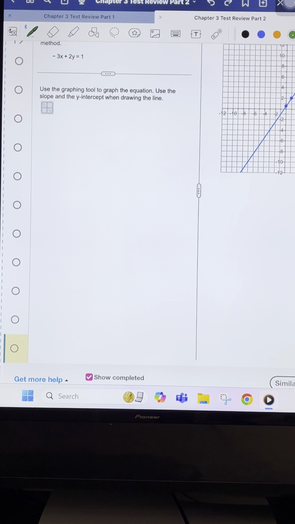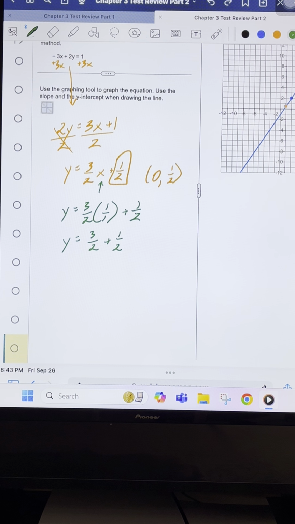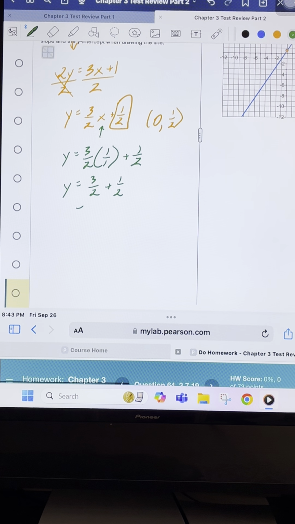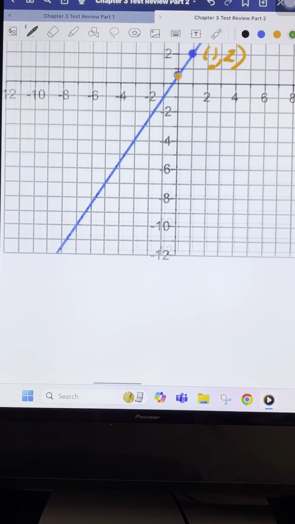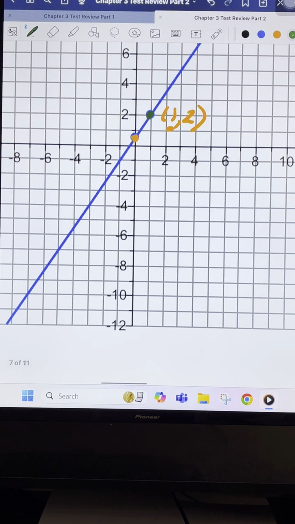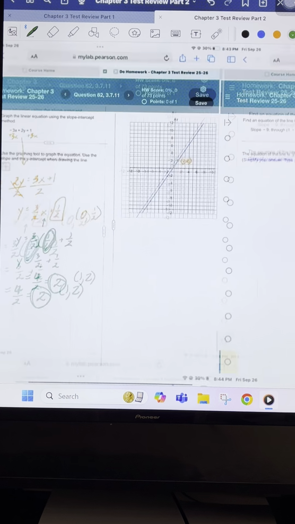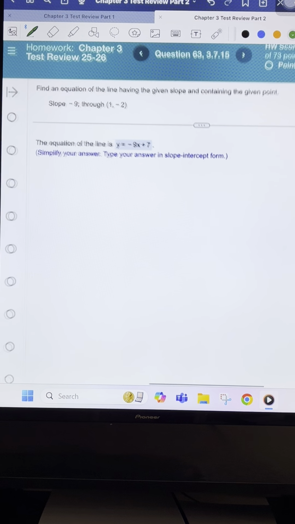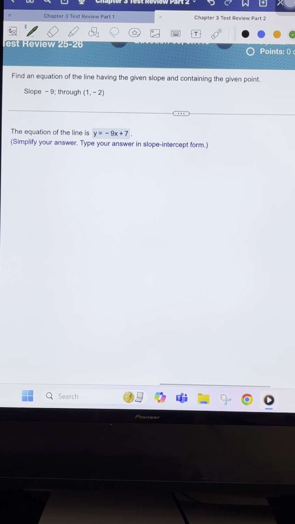This is y equals 3/2, because anything times 1 is just itself. And now what is 3/2 plus 1/2? That is just 4/2, which is 2. So when my x is 1, my y is 2. That's how they got 1, 2 over here. Okay.